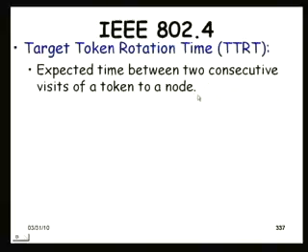So, what does it indicate? It indicates how long a message might have to wait, and just see here that it is the expected time. TTRT is the expected time.